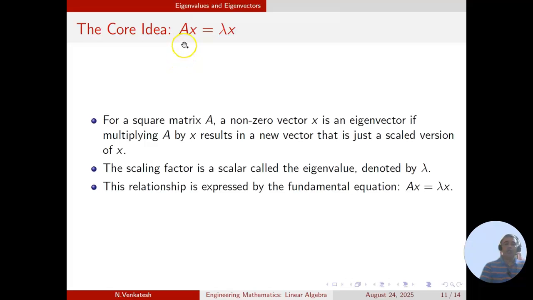So you are doing some transformation of x by using a matrix A, and we are getting some scaled version of x. Then this x, we call it an eigenvector, and the lambda, the constant factor, we call it an eigenvalue. So this is the fundamental equation, that is Ax equal to lambda x.